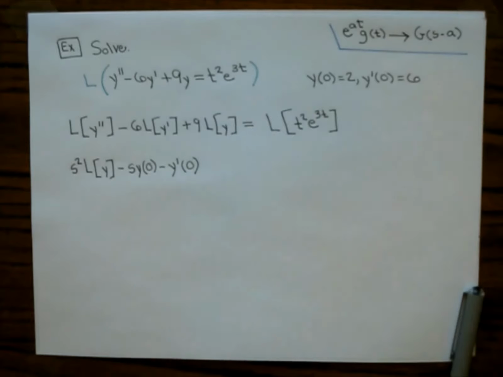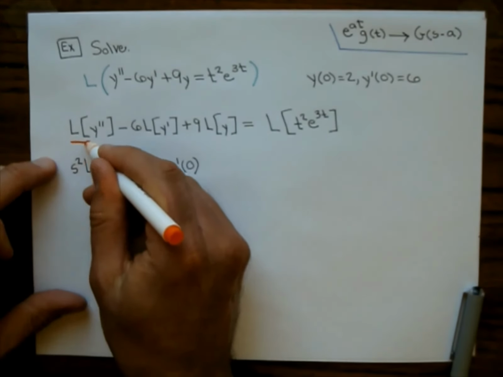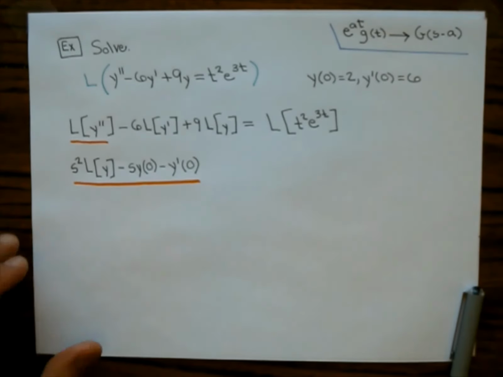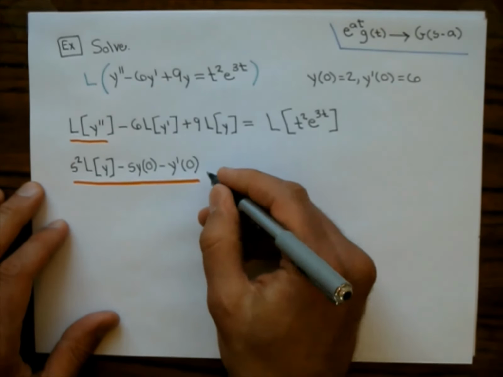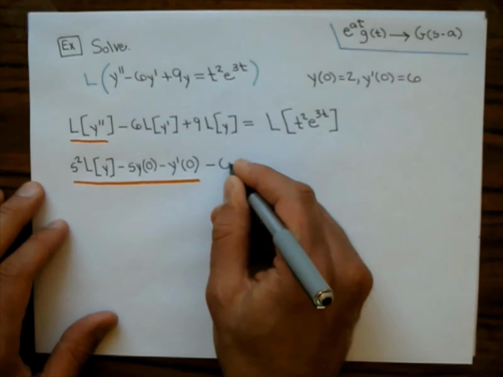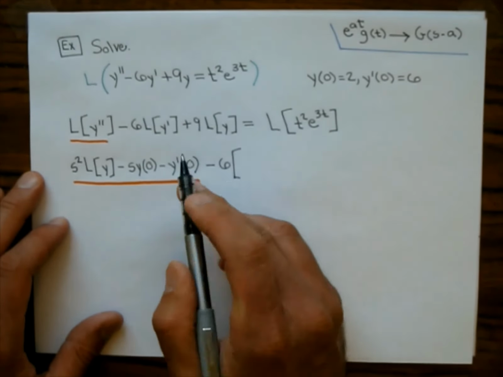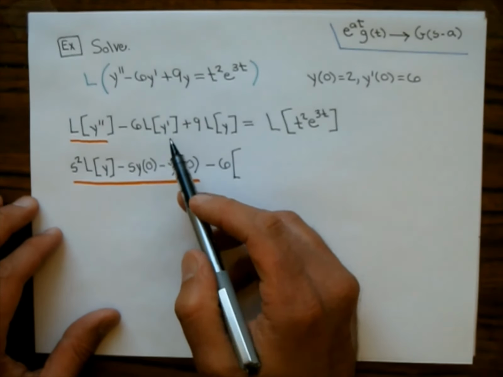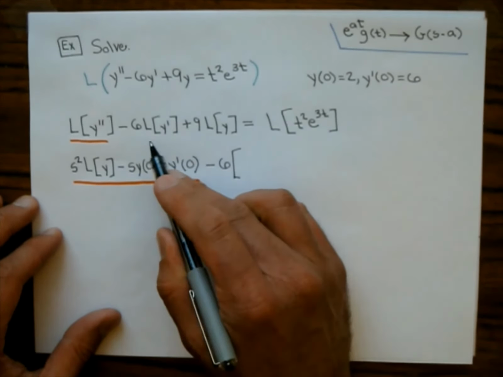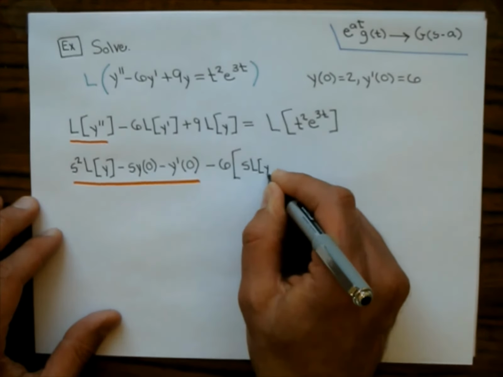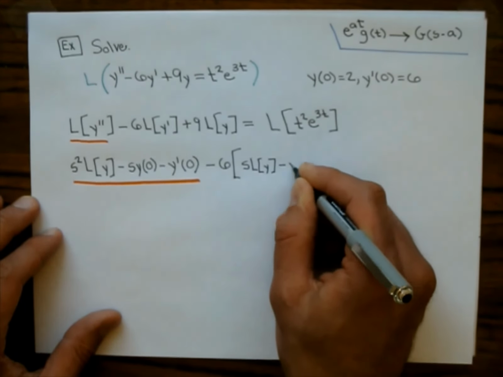So this guy right here became these three terms. Minus 6 times the Laplace transform of y prime. So this is minus 6, and this is the one that was catchy: L of y prime is s L of y minus y of 0.